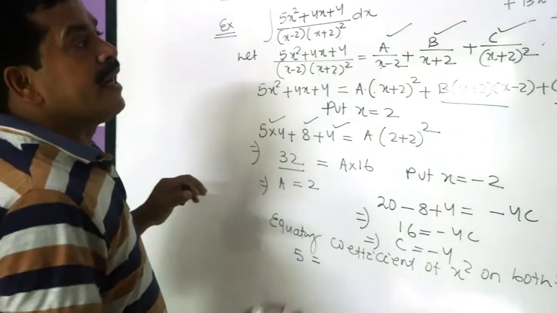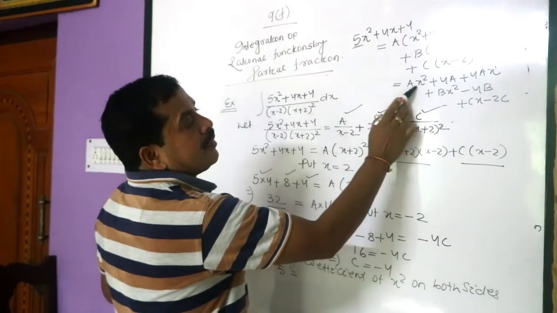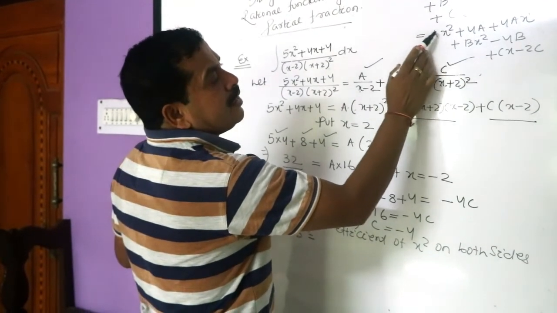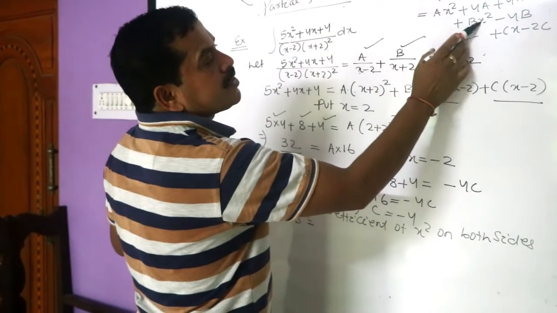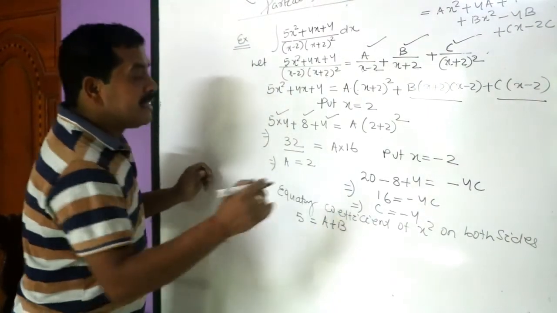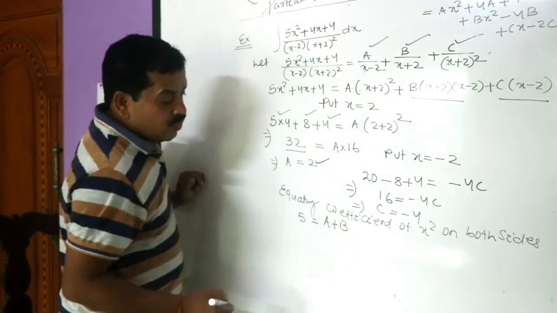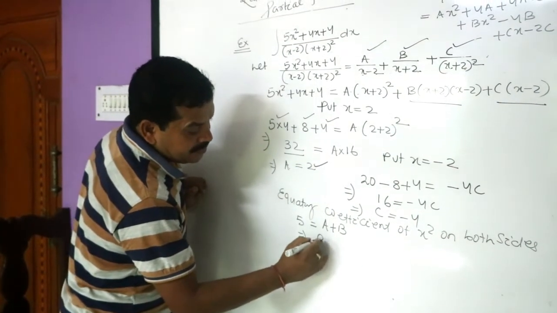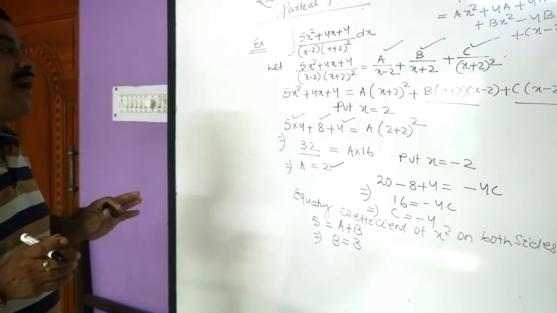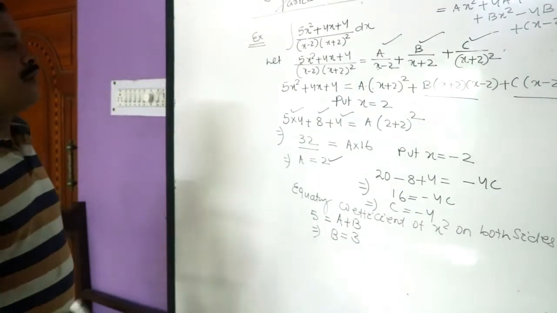And in the right hand side, the coefficient of x square is a plus b. If you take x square common, then you get the coefficient of x square as a plus b. Since a is already equal to 2, this implies b equals 3. In this way, you can find the values of the constants a, b, c.